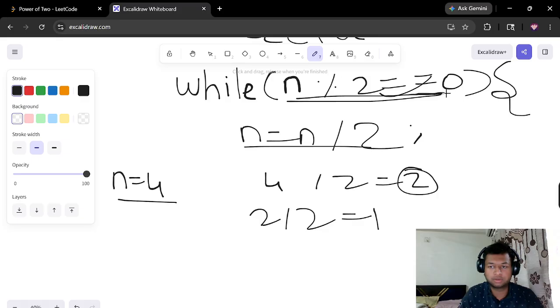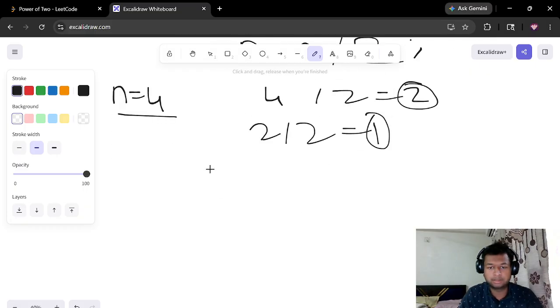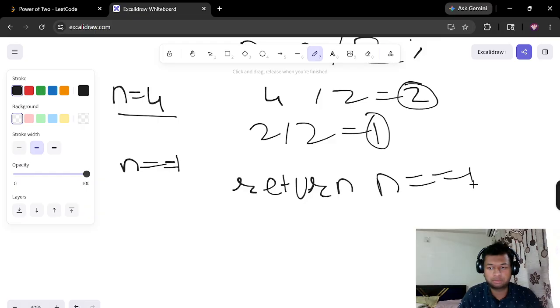This condition does not match for 1, so it will execute till 1. And the last line will be, when n becomes 1, we check whether n is equal to 1 or not. So the last line will be return n equal to 1.